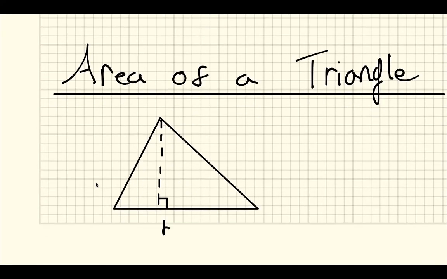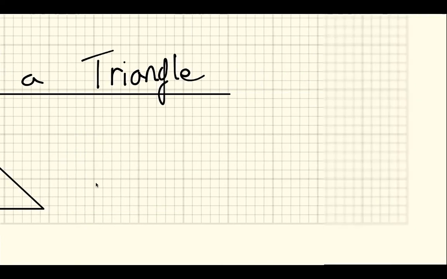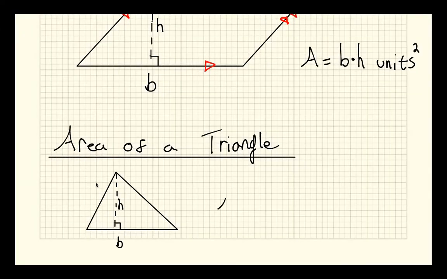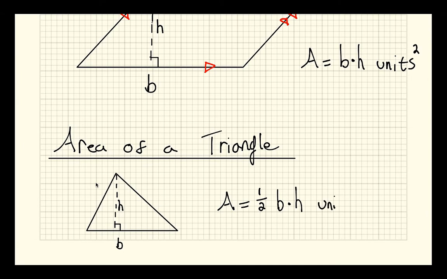Okay, we take its base times its height, and this is one I'm for sure you guys know. We divide that by 2, so 1/2 the base times the height units squared. Okay, so that's the area of the triangle right there. 1/2 base times height. So that's all the meat of the lesson as far as what's required.